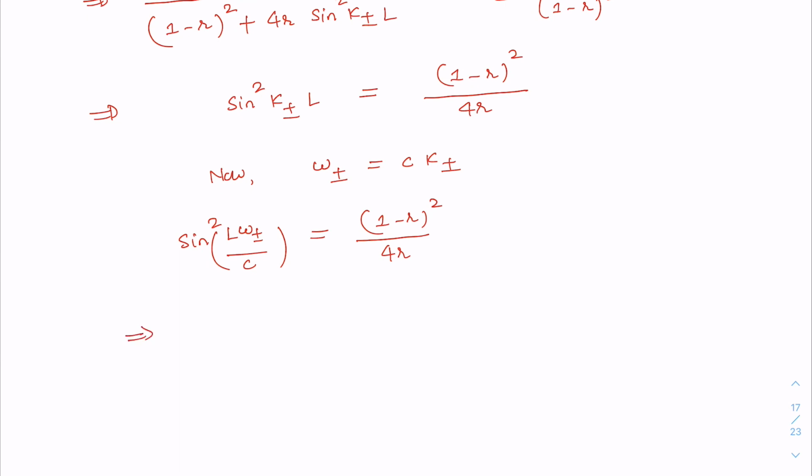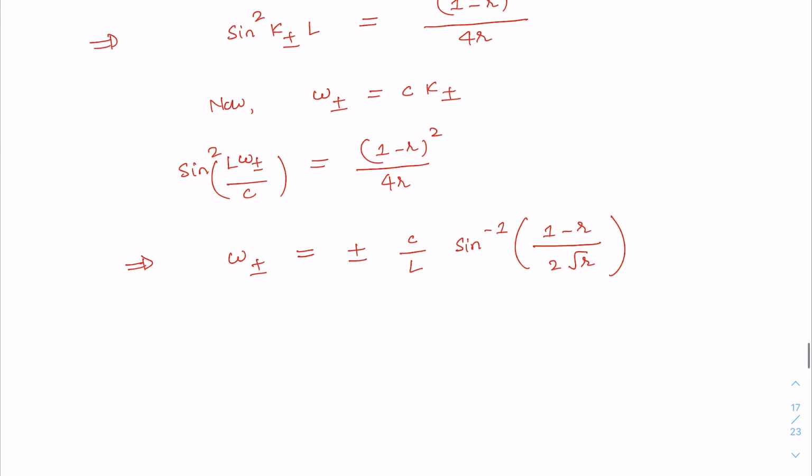And from here you can get omega plus minus, with some factor there, but this is what you will get. It would be c by L sine inverse of 1 minus R divided by 2 into square root of R.